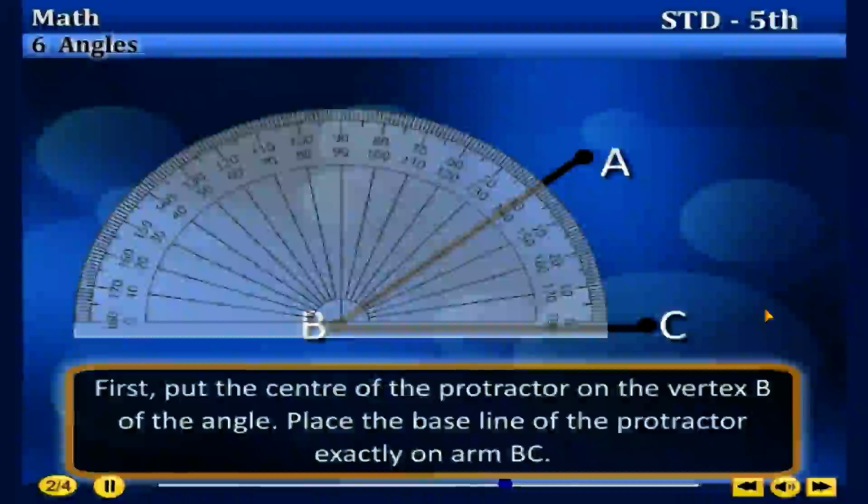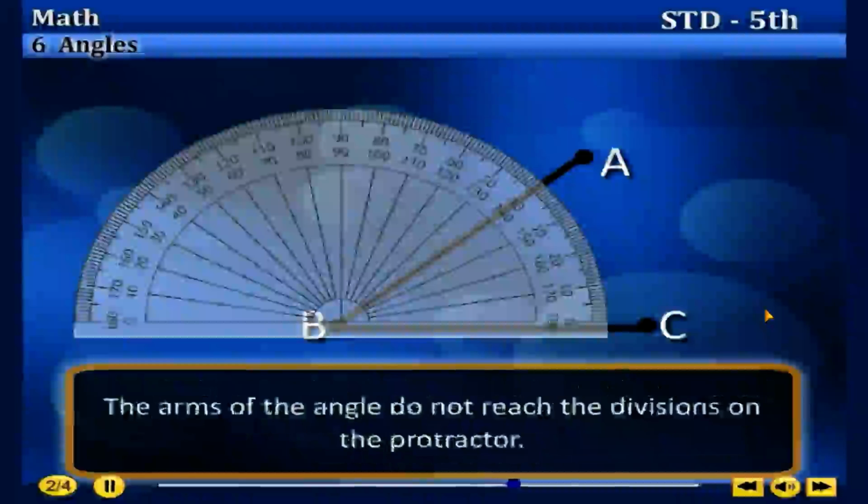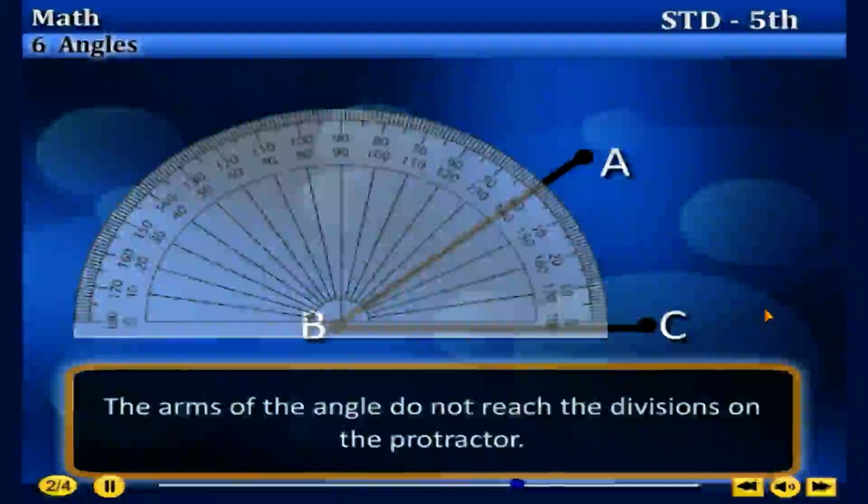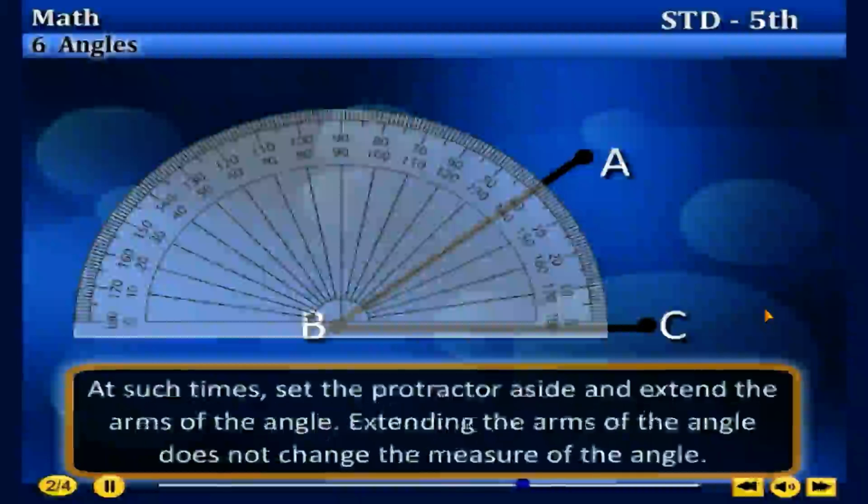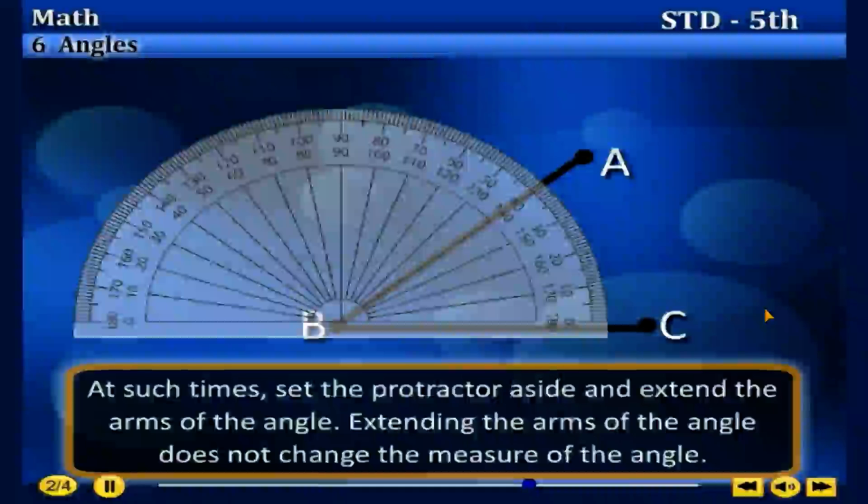Place the baseline of the protractor exactly on arm BC. If the arms of the angle do not reach the divisions on the protractor, set the protractor aside and extend the arms of the angle. Extending the arms of the angle does not change the measure of the angle.